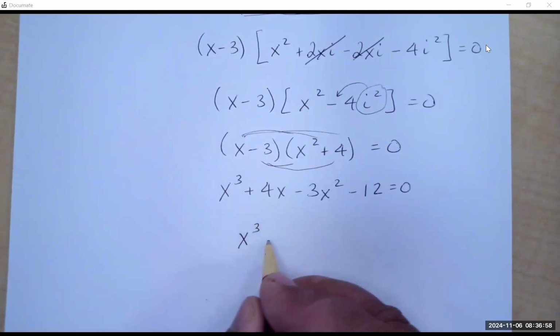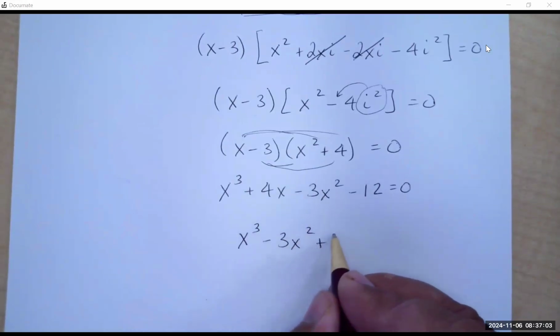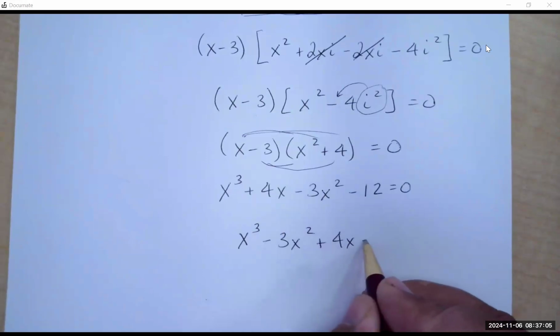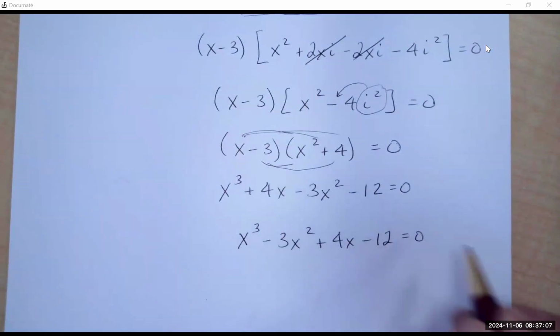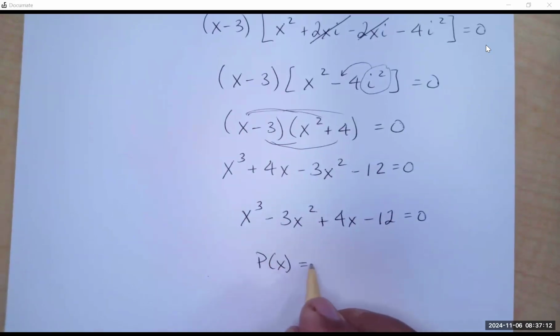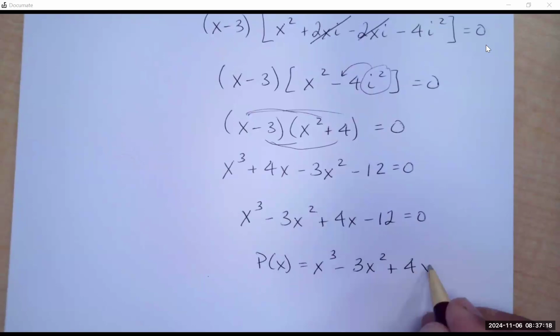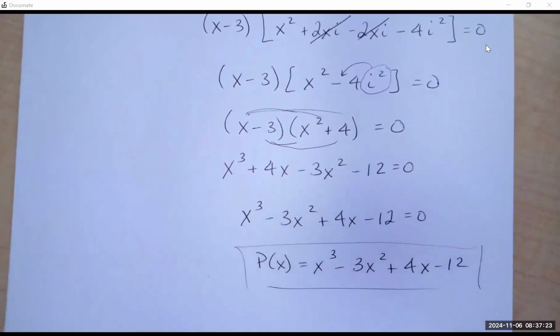So it's x cubed minus 3x squared, plus 4x minus 12. And that's your polynomial. And you could go ahead and check it by plugging those zeros in there.